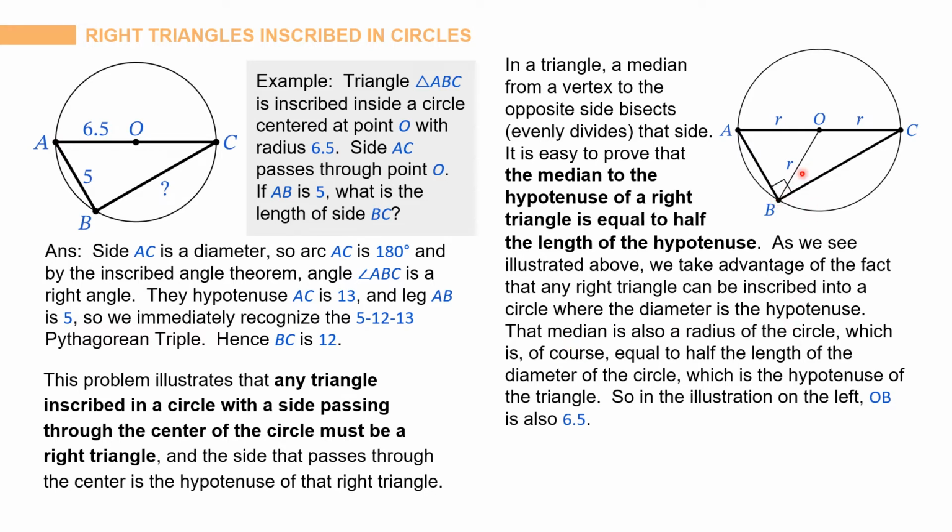If we've inscribed this, OB is a radius. But wait a second. O is the center, so OA is a radius, and OC is also a radius. So the median, OB, is equal to half the length of the hypotenuse, AC. And this is true for any right triangle.